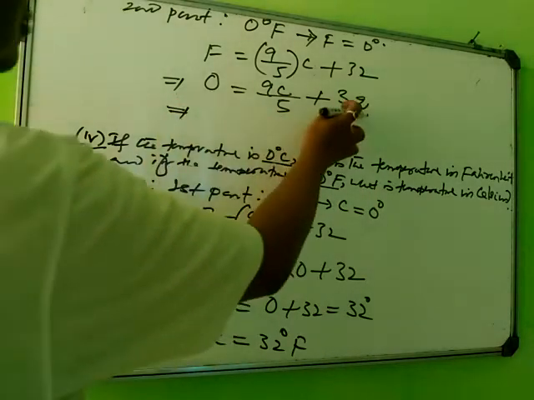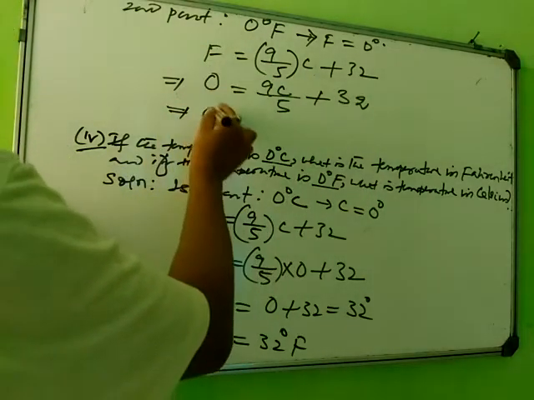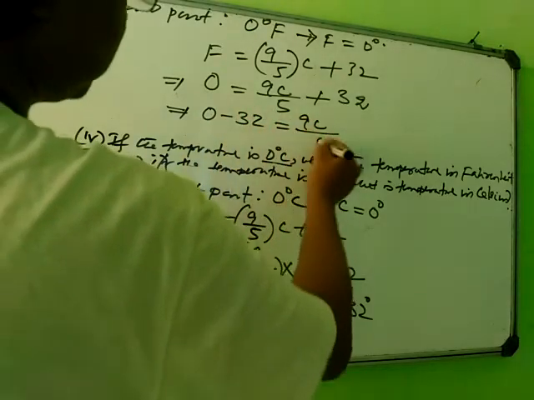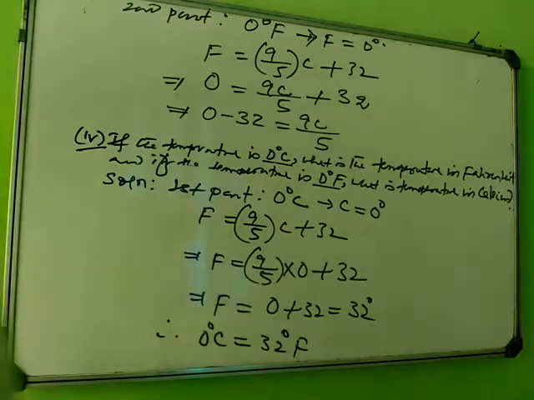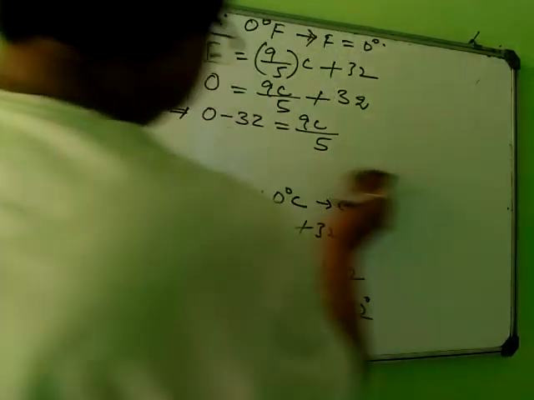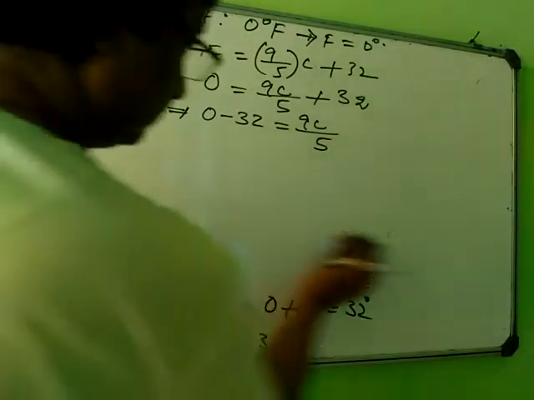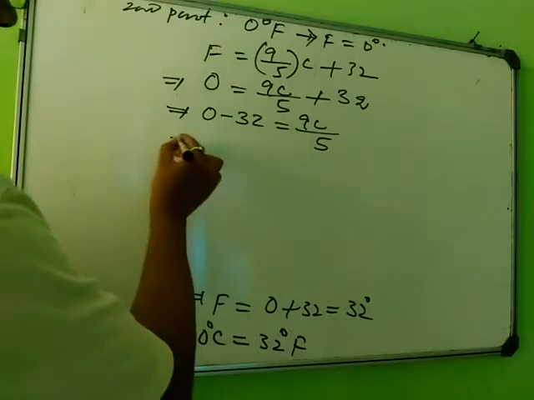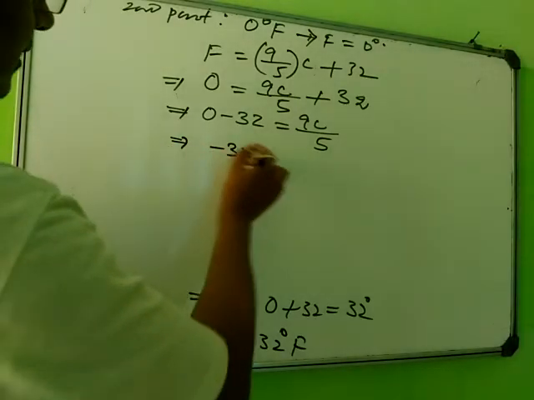Now you bring this one to this side. So 0 minus 32 is equal to 9C divided by 5. So this gives minus 32.